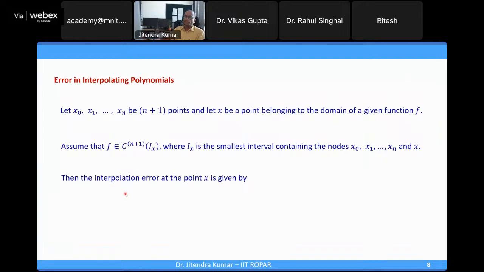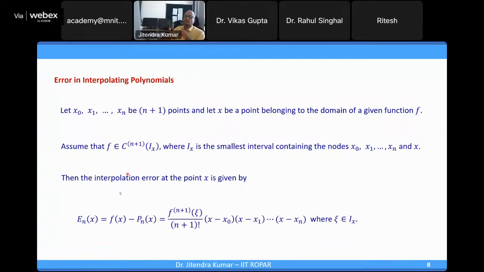It may be between x0, x1, it may be between x1, x2, etc. Now we are talking about: if we want to approximate our function at x, which is not a given point, then how much error can we expect.